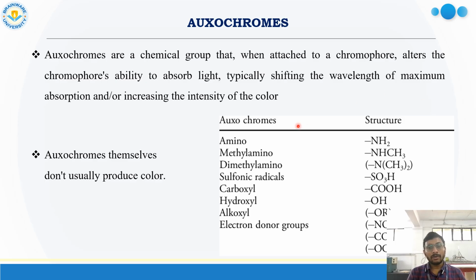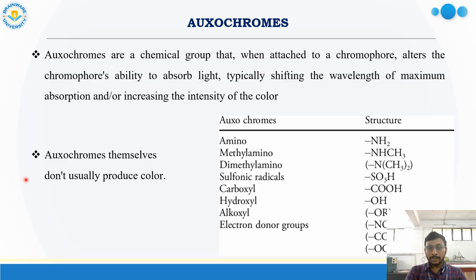Then next is oxochromes. What are oxochromes? Oxochromes are chemical functional groups that, when attached to a chromophore, that is the molecule that gives you the color, alter or change the wavelength or the absorption maxima of that molecule. Those functional groups are called oxochromes.